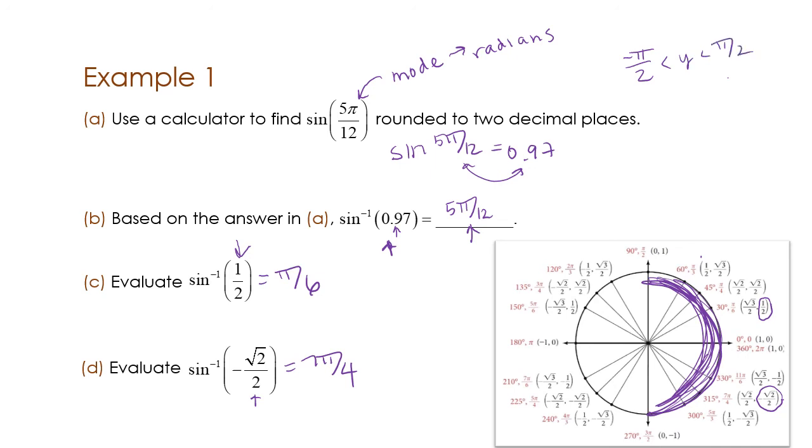So I need to find an equivalent to 7 pi over 4. Well, 7 pi over 4 is right here, so I could write that as a negative angle, negative pi over 4. Taking 2 pi and subtracting pi over 4 from that would put us right at 7 pi over 4. So we're going to have to sometimes find equivalent angles.